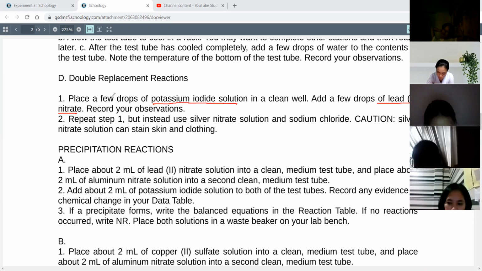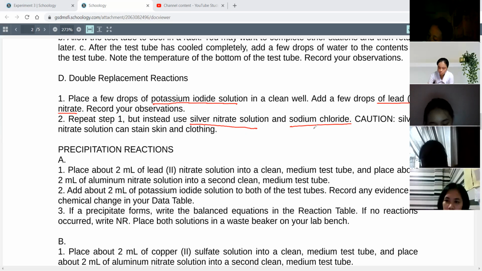So ang ipaghahalo natin here are potassium iodide solution and the lead 2 nitrate. And then, dalawang experiment actually ito sa double replacement. We will have to repeat the steps, but instead, we will be using silver nitrate solution and sodium chloride solution. So yan yung dalawang ginagawa for double replacement.